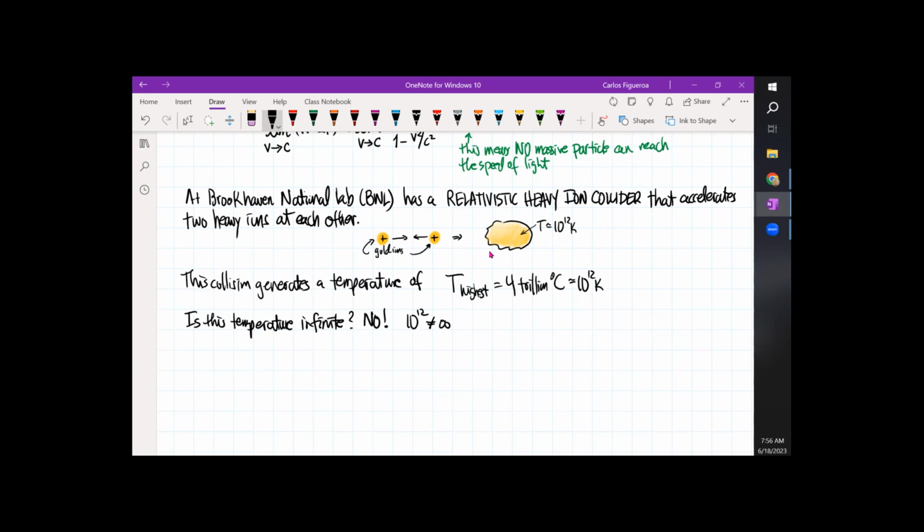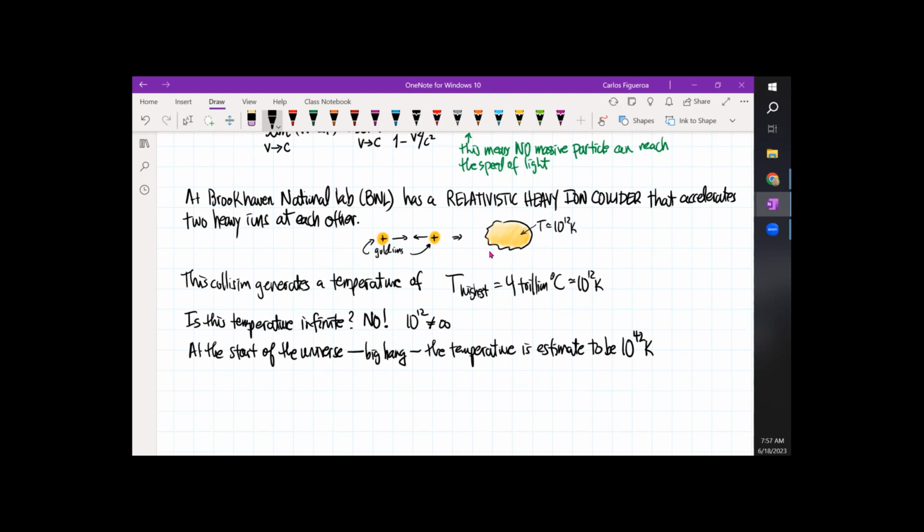But I will tell you this, that at the start of the universe, that is the Big Bang, the temperature is estimated to be 10 to the 42 Kelvin.